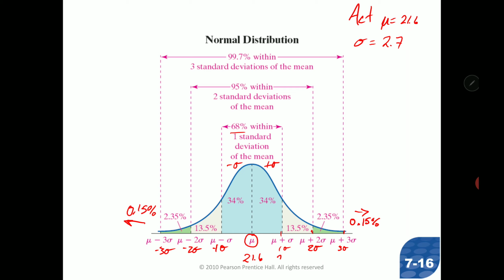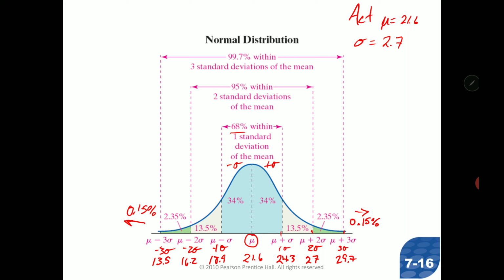Adding 2.7 again is 27, and again 29.7. Subtracting 2.7, we get 18.9, then 16.2, and then 13.5.